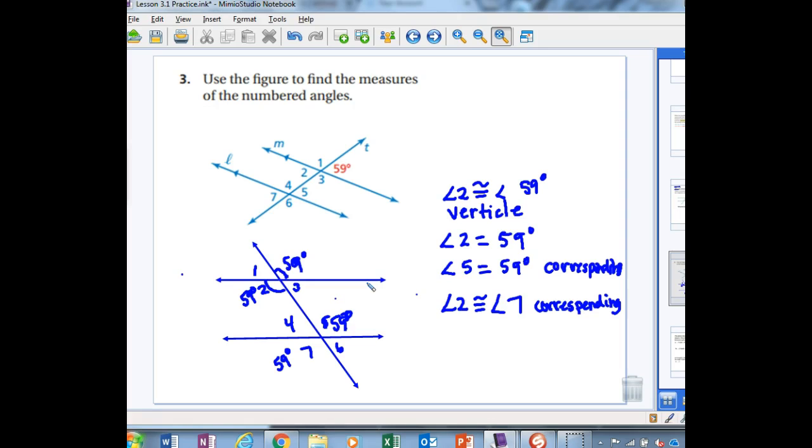A 360, right? So half of 360 is your straight line. What is half of 360? So a straight line, the sum of the two angles in a straight line are going to equal 180.